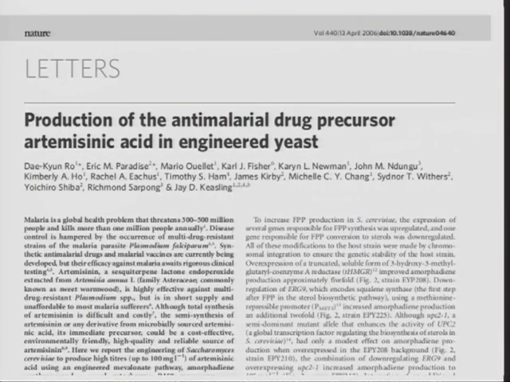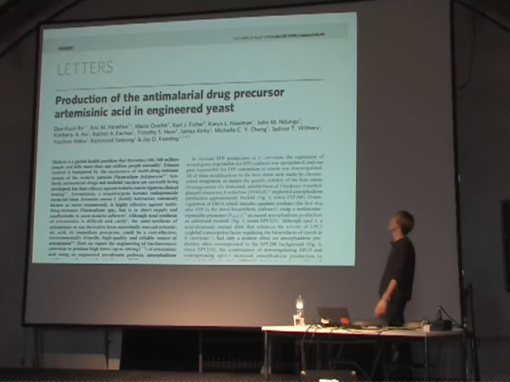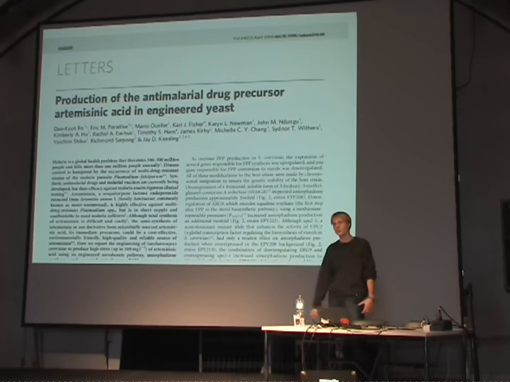This is an article about the production of the artemisinic acid, which is a precursor for the artemisinin I showed earlier. And these guys out of UC Berkeley, they managed to produce this drug in normal beer yeast or baker's yeast. And by doing this, they're able to produce it much more efficiently and for a much smaller cost.